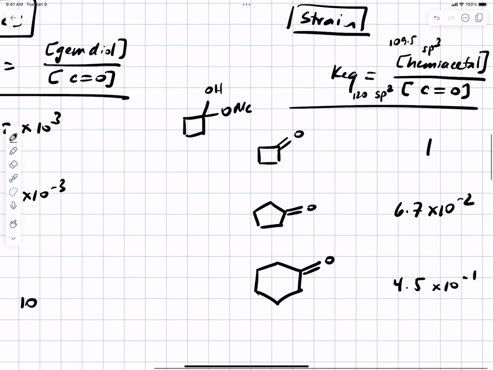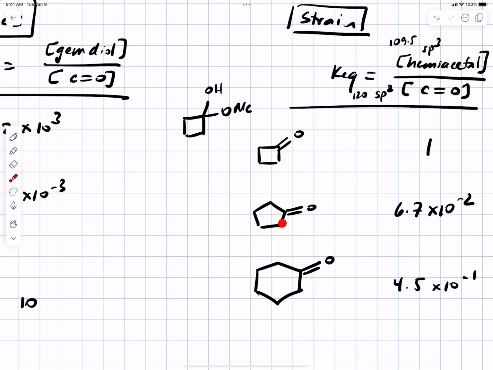Now compare those endpoints to where the polygon of that size wants to be, 90 for the cyclobutanone. So there's significant release of ring strain when you go from sp2 to sp3 for the cyclobutanone, okay?